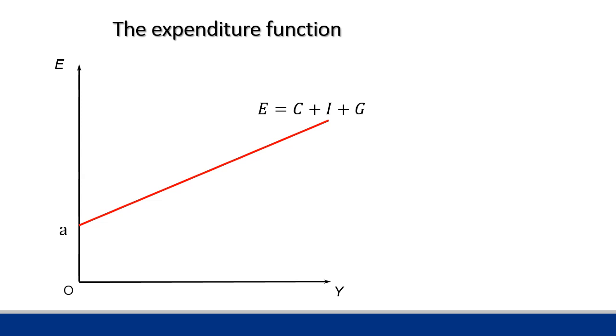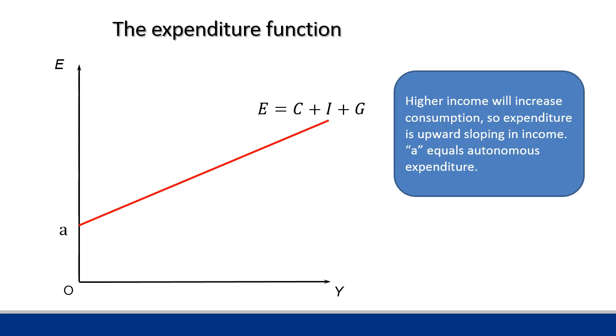We can draw the aggregate demand or the expenditure function as upward sloping in Y, which is represented at a higher income, we have higher expenditure through the consumption function. Consumption will be higher as income rises, and so expenditure has to be higher as income rises. Notice also that there is an intercept on the expenditure function which represents autonomous expenditure, which might be the expenditure that we would make even if our income was zero.